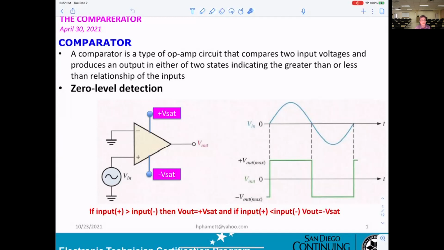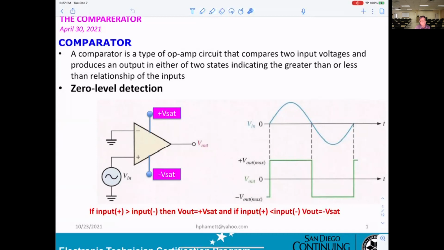But the question is, when you're looking at the op-amp circuitry, how do we recognize this is the comparator? No feedback. Exactly.